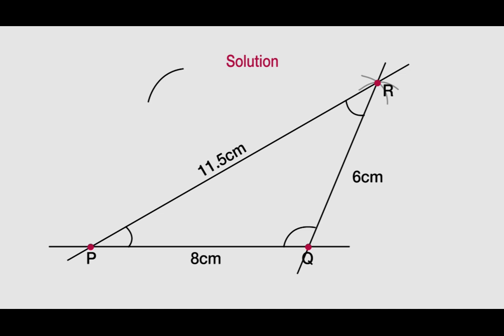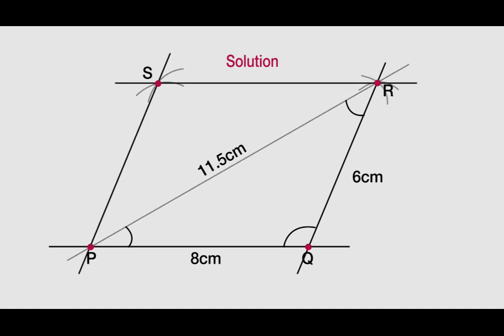Again, with your compass point open to a distance of 6 centimeters, and with the compass point at P, scribe an arc to intersect the previous one. Indicate the point of intersection of the two arcs as S. Finally, join P and S, R and S with straight lines to complete the construction.